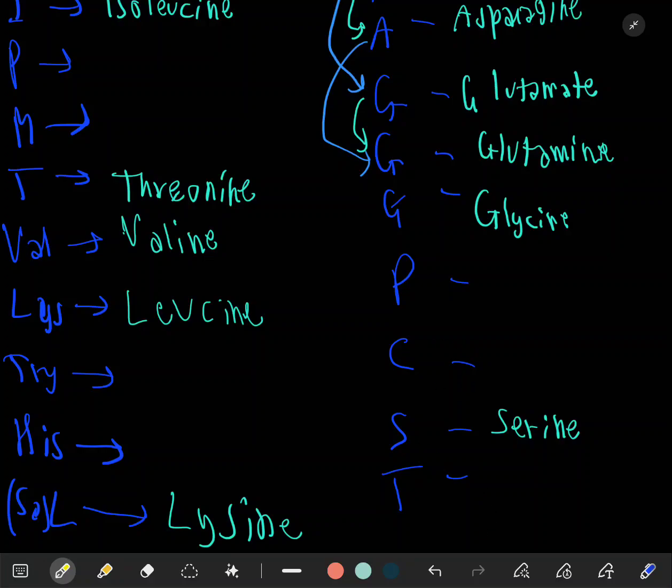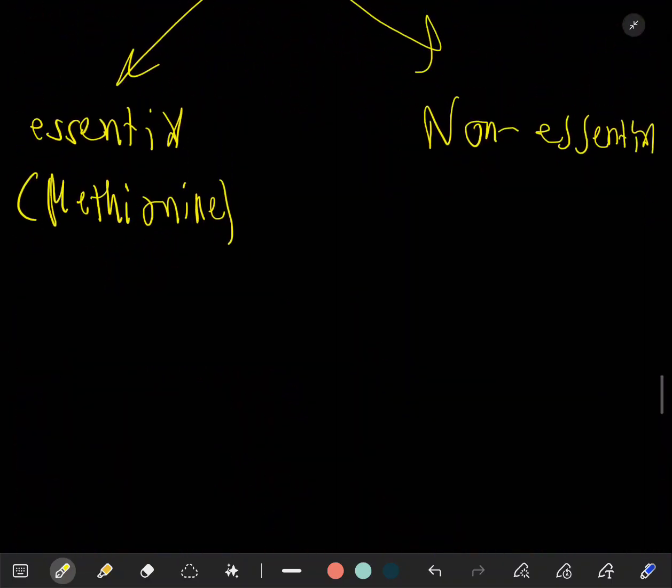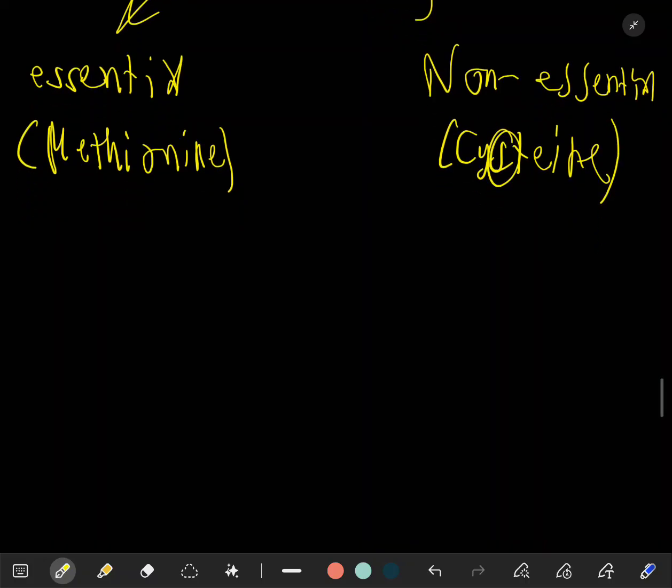No, tyrosine is also cyclic. Like we have done tyrosine, have we? No, you haven't. Achha, this is a phenyl containing. So yeah, C, cysteine. So cysteine has S. So cysteine, non-essential. So methionine is a start codon, which is the most important.